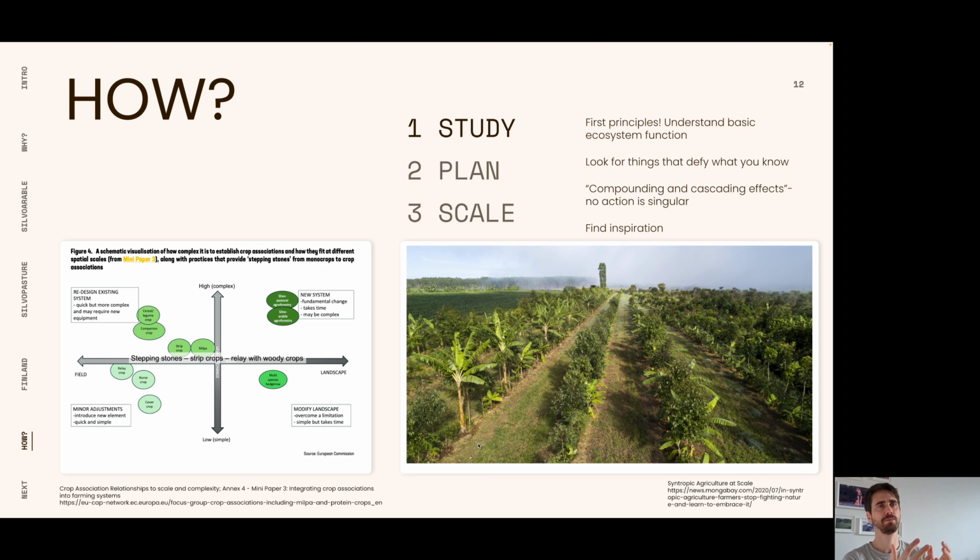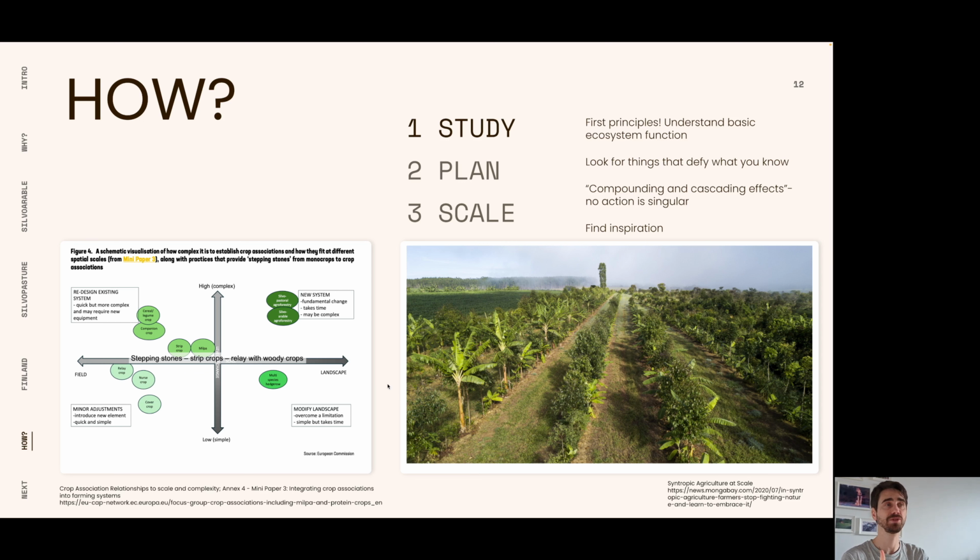We'll try to open your mind, if we look at this image on the bottom right, to the way that agroforestry practices are being advanced and developed in other countries and other climates, so you can start to think a little bit outside of the box, that it doesn't necessarily need to be a monoculture of one species on the edge of the field. There are unique and very interesting practices coming from all over the world that you can adapt to our location when you understand the first principles.